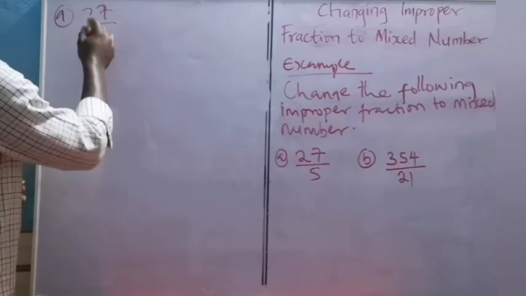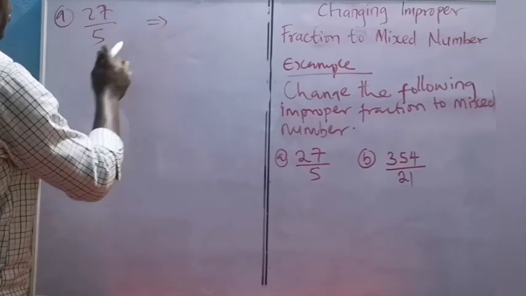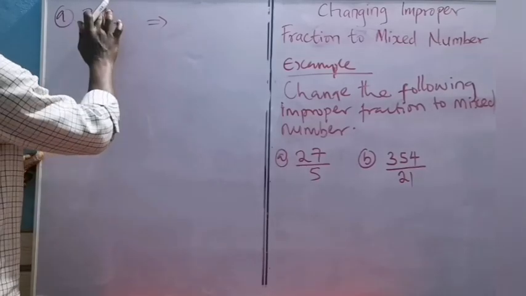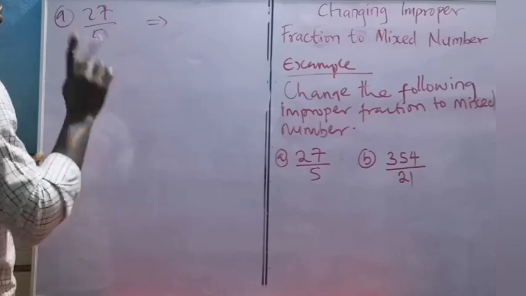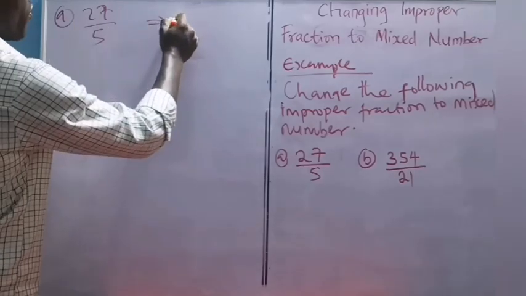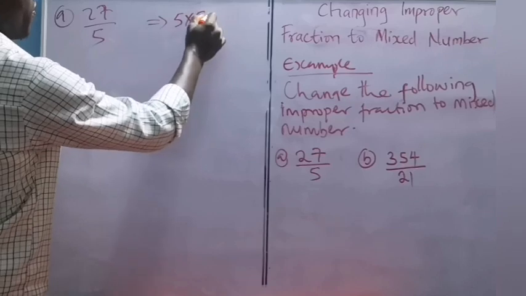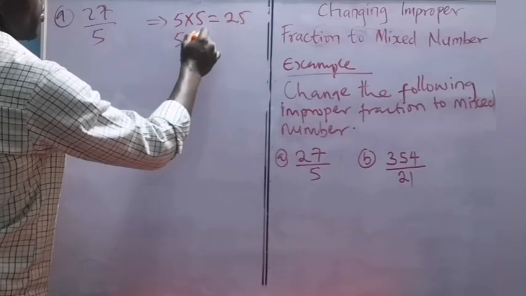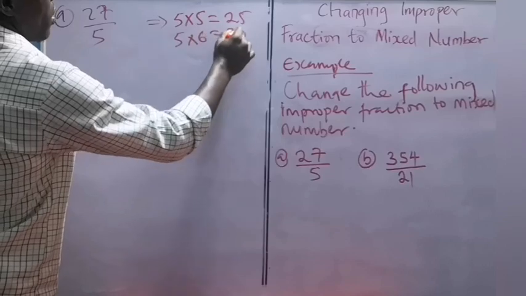Now before we change this, we are going to look for the multiples of 5 that is very close to 27, but not bigger than 27. So when we do 5 times 5, it is 25, but 5 times 6 is 30.